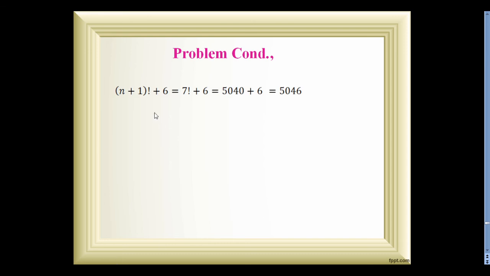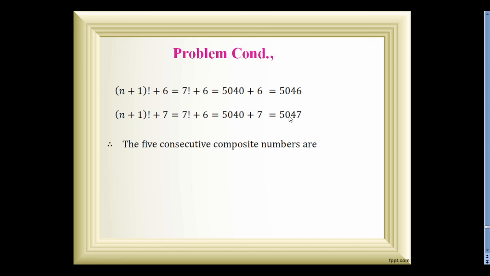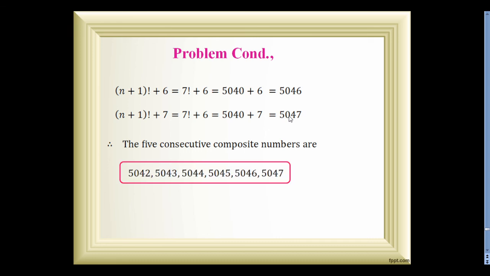The next term, (n plus 1) factorial plus 6, is 7 factorial plus 6, so we get 5046, and one more term adding 7, we get 5047. So the 6 consecutive composite numbers are 5042, 5043, 5044, 5045, 5046 and 5047.